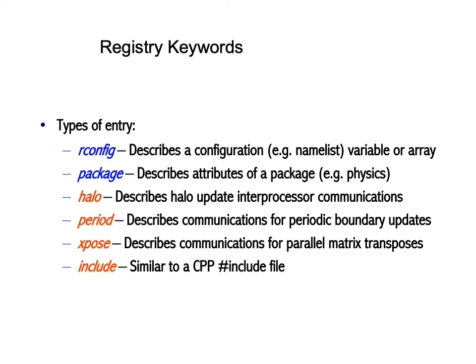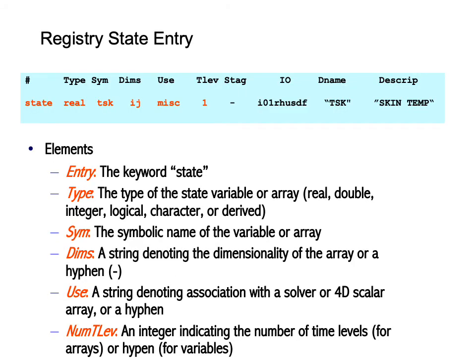Package is a way that users can associate new variables with a particular physics scheme. They're really the big three that we care about as far as keywords for the registry: state, rconfig, and package.